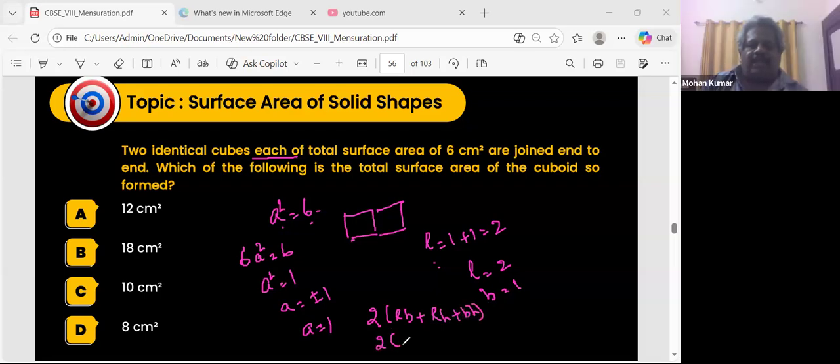So 2 bracket 2 plus 2 plus 1. So that is 2 into 5. It is 10 cm square. Answer C.